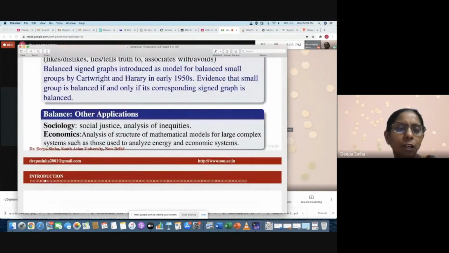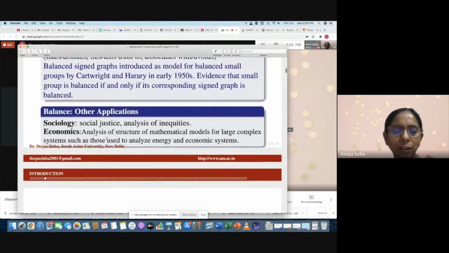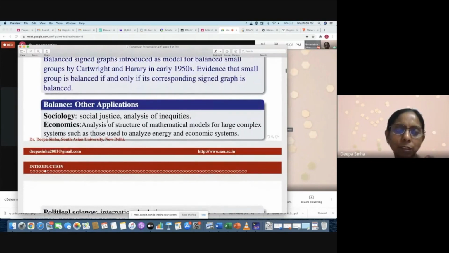Beyond sociology, balance has many other applications, like social justice and analysis of inequalities. It is used in economics, like analysis of the structure of mathematical models for large complex systems, such as those used to analyze energy and economic systems.